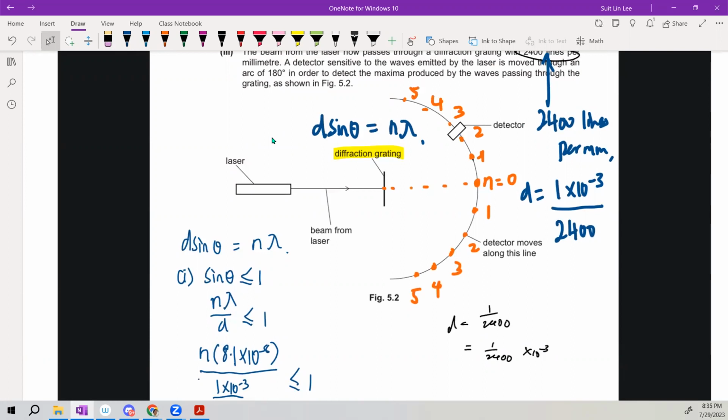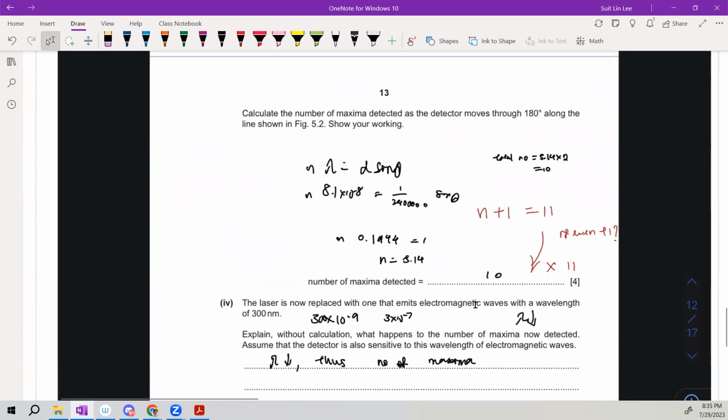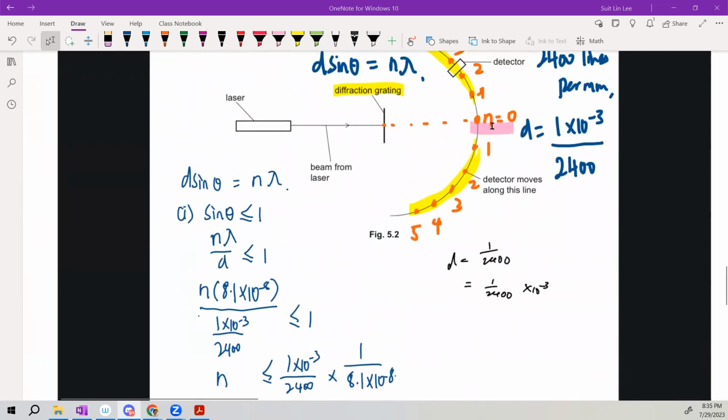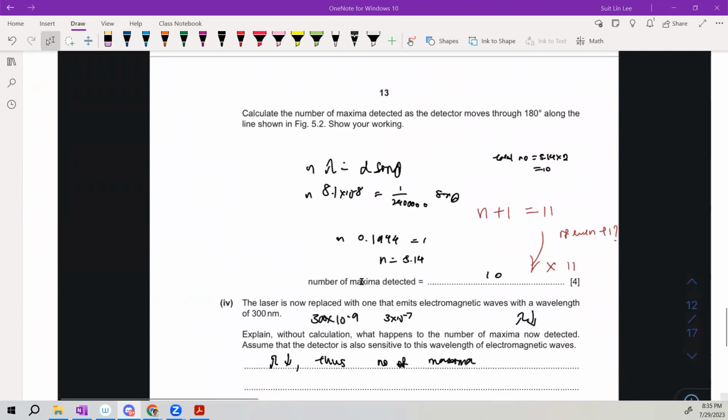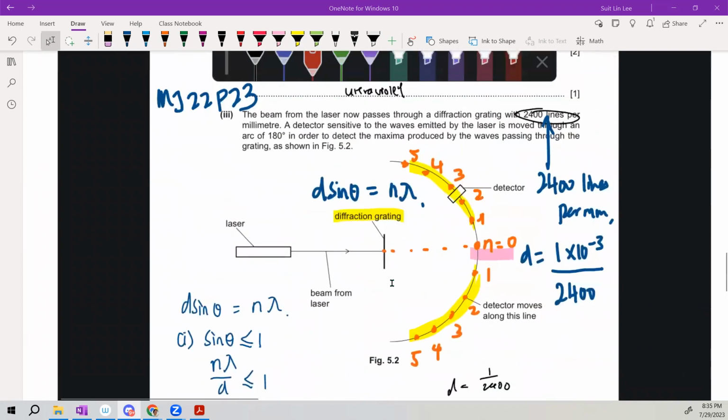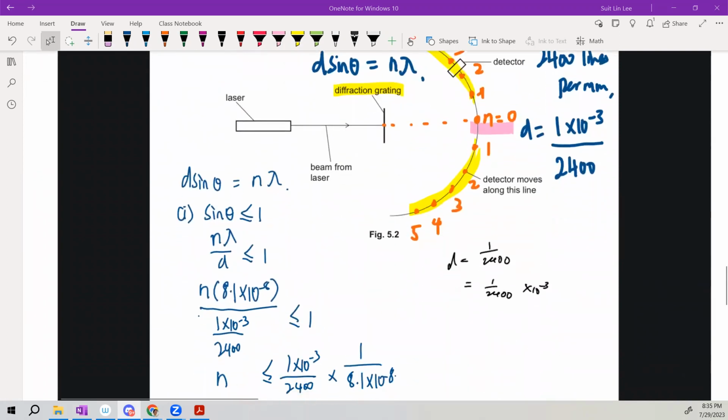So in total, how many bright spots do you have? 11. Because you have 5 on top, 5 below. So 5 times 2 plus 1, your central fringe. So that's why it's 11. Remember to count the 0 order as well because the question is the number of maxima detected. So you will definitely have 1 in the middle.